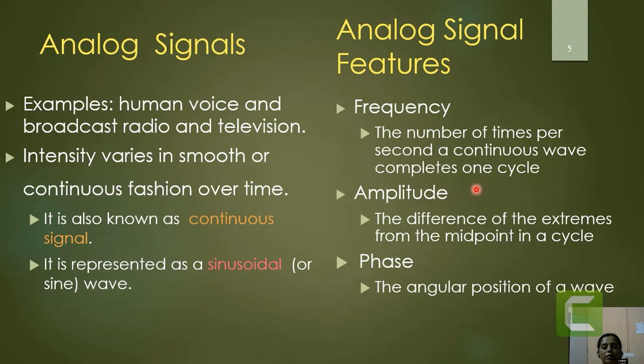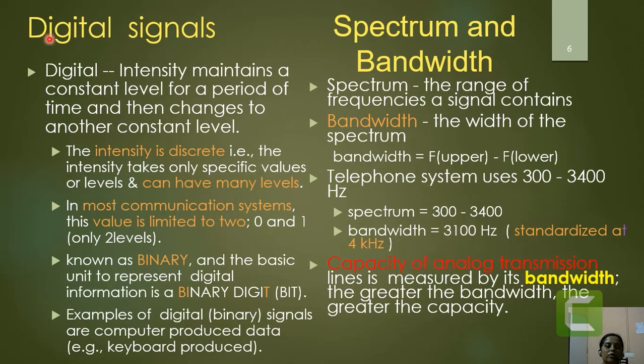Amplitude is the difference of the extreme points of that signal on the positive side and on the negative side with respect to the midpoint of that cycle. Similarly, phase we define as the angular position change of the wave with respect to time. In the same way, we will now look at the different features of digital signals.